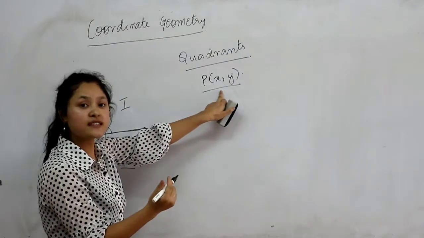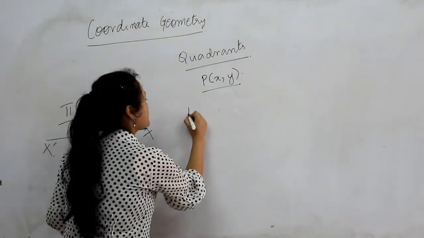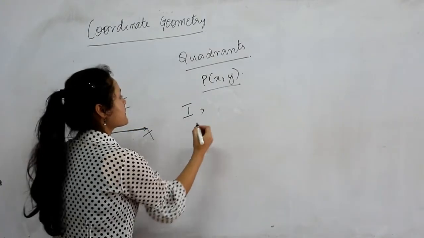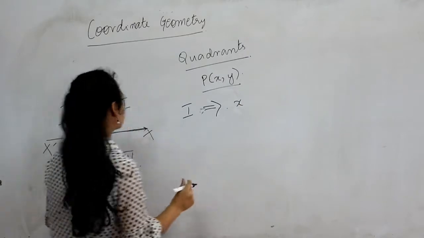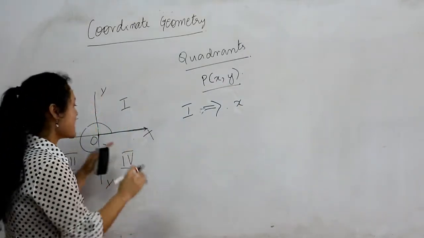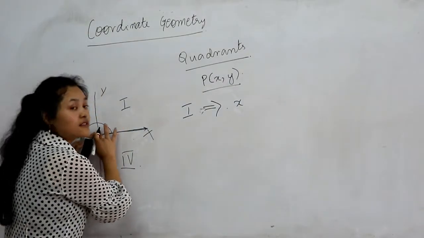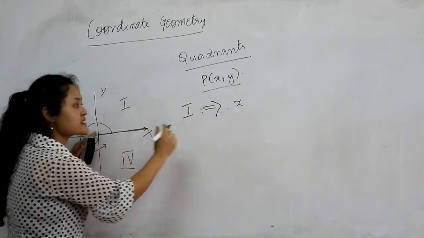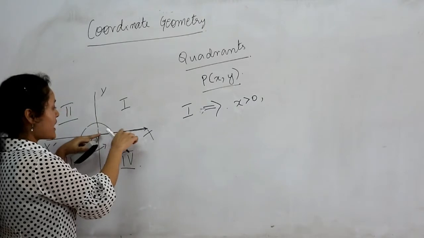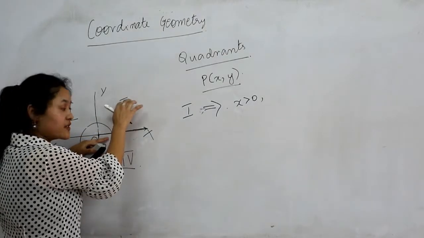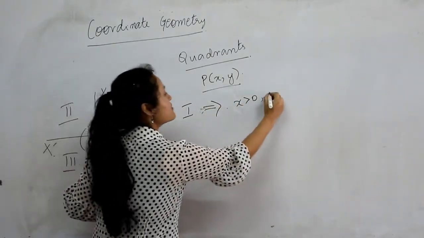Now, suppose this point P lies in the first quadrant. What is the sign of x? X is measured towards the right of O, so x is positive. And y is also measured above O, so y is also positive.